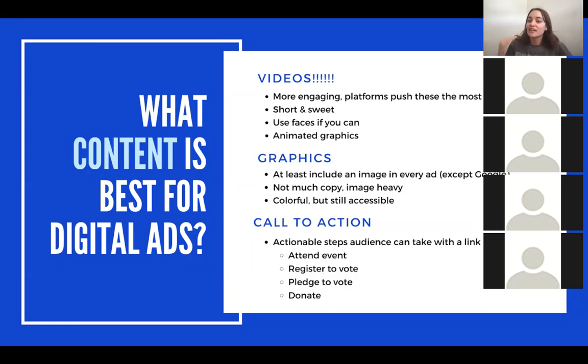So whether it's attending an event, registering to vote, pledging to vote, or donating, you want to make it really clear whatever landing page they are taken to, what the call to action is and the steps they have to take in order to finish it. Because you could have 5,000 people click a link and no one fill out a donation if it takes too long or if it's too confusing for them to figure out how to do it. Take it from me, I have experience that has happened to me in the past.